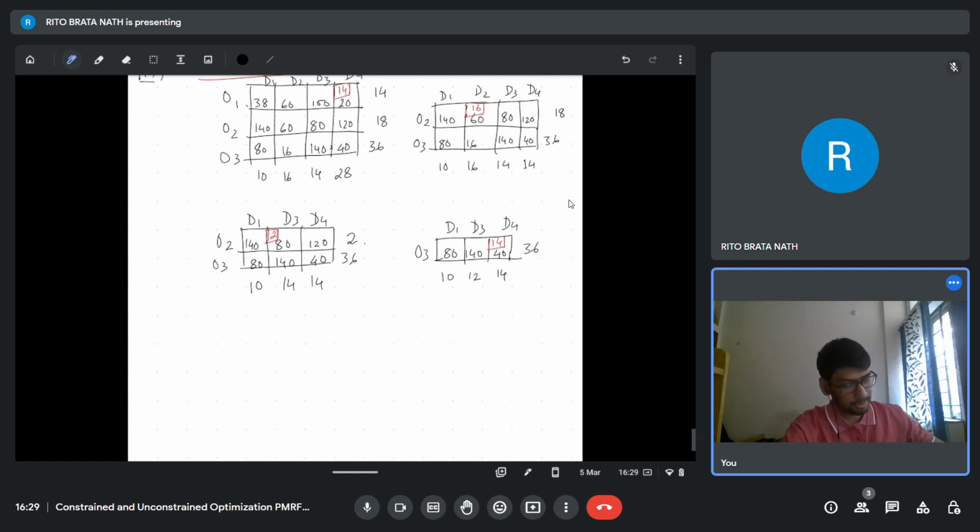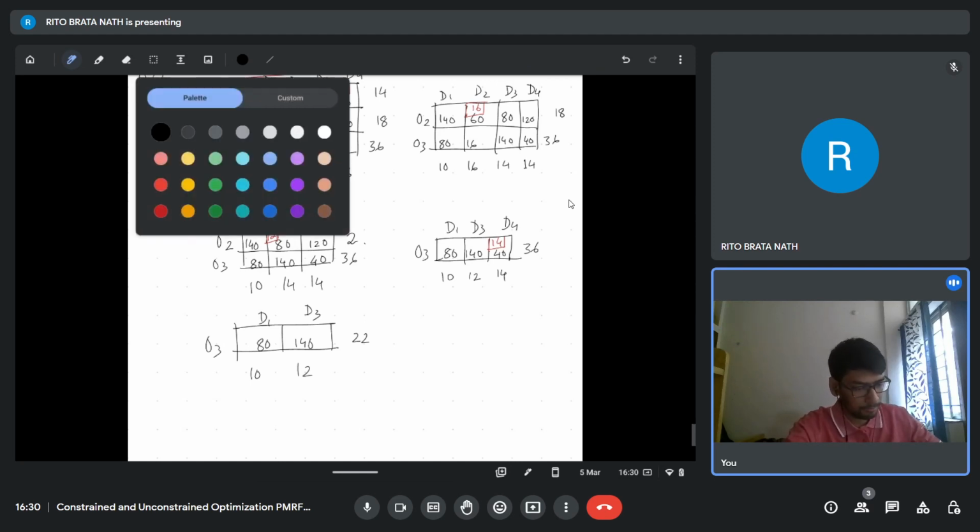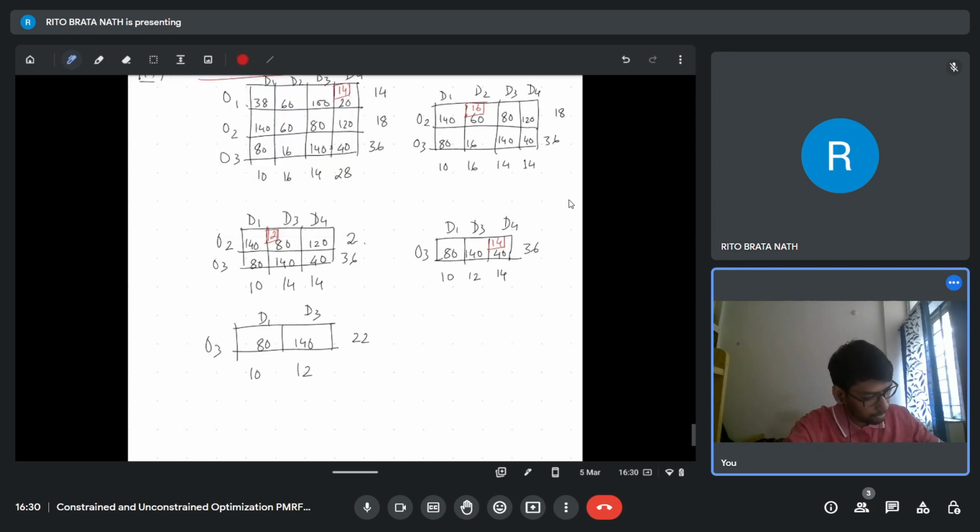Okay, so the next step, you can delete D4. So it's D1, D3, O3. So this is 80, 140. So 22 is remaining here, and here it's 10 and 12. What you can do, again, let me put the allocation. So it will be 10 being allocated here.